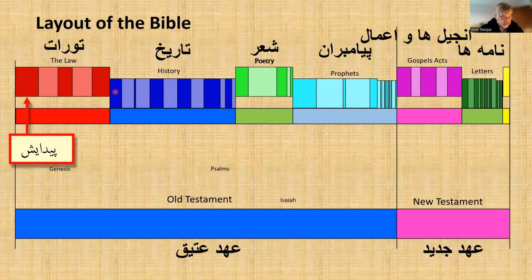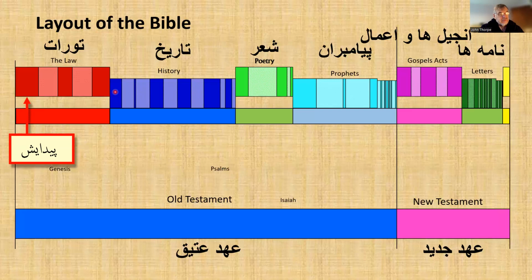There are 12 books there, and they let us know what is happening when all the other books are written.